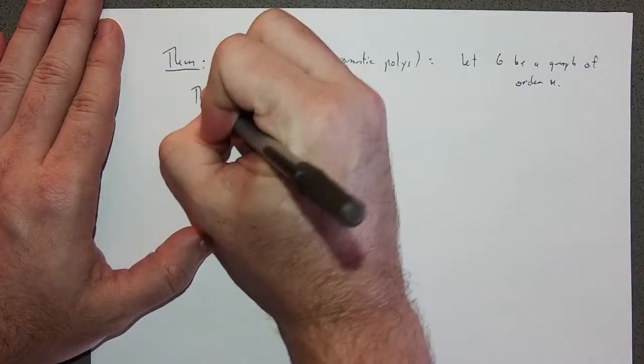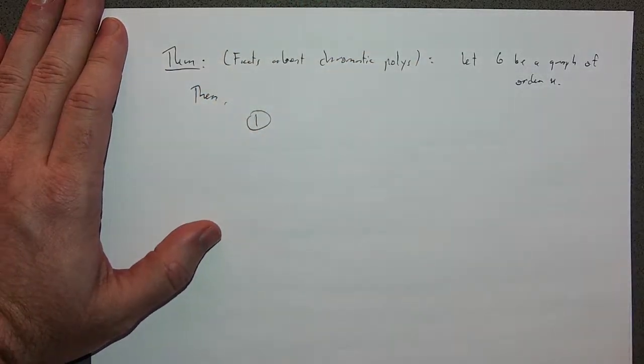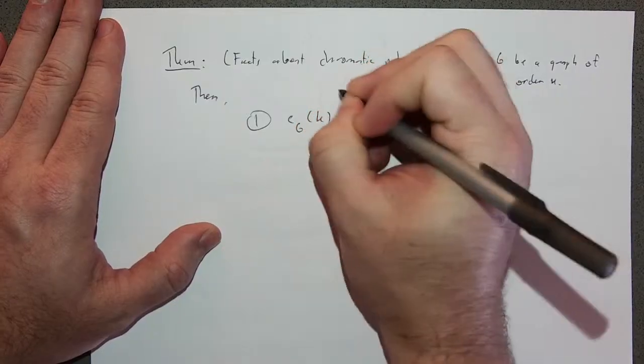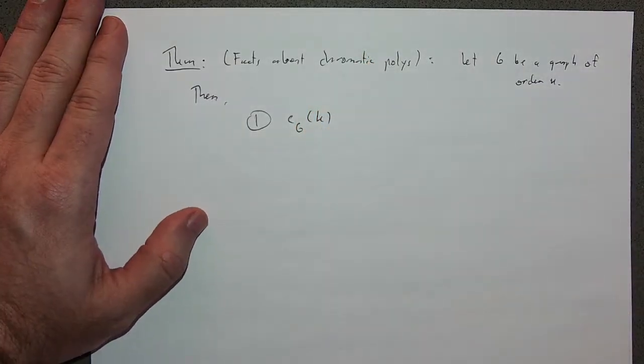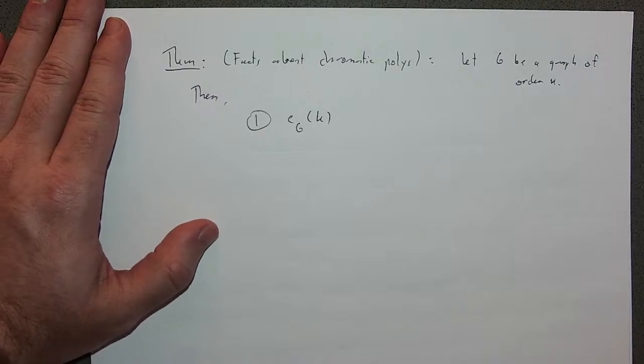Then, one, this object, the number of distinct colorings of G using at most k colors, is a polynomial in k of degree n.